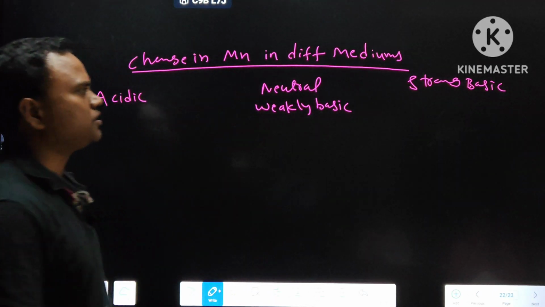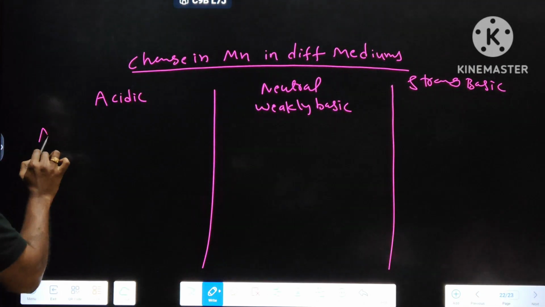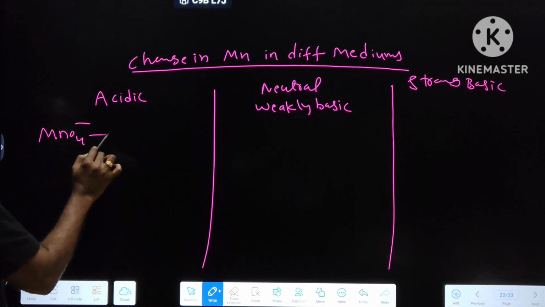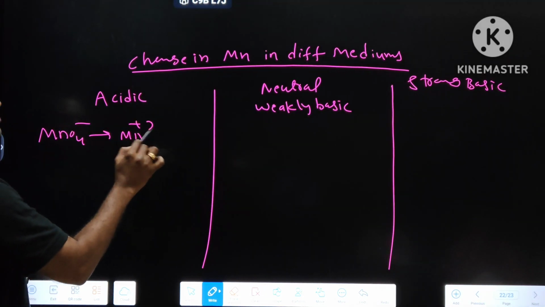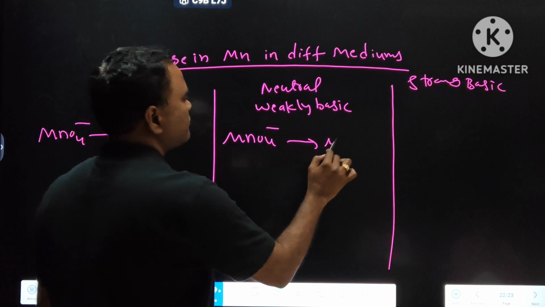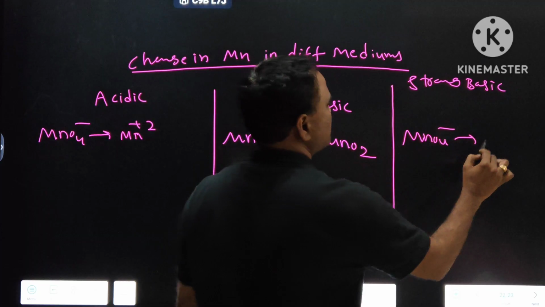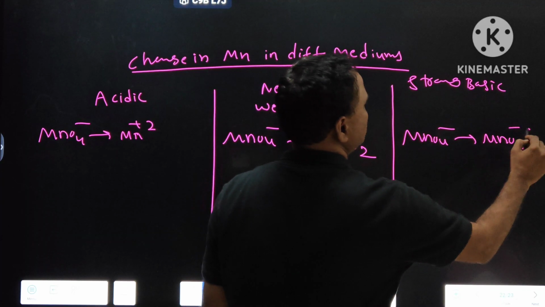Neutral or weakly basic, both are the same. MnO4 minus gives rise to Mn+2 in acidic medium. MnO4 minus gives rise to MnO2 in neutral medium. MnO4 minus gives rise to MnO4 2 minus in strongly basic medium.